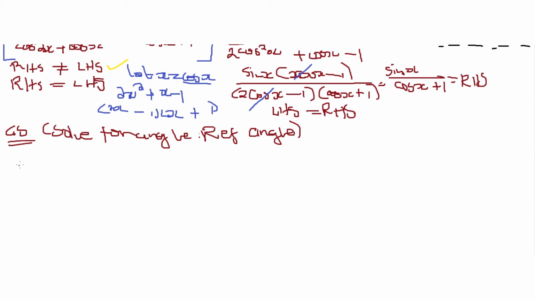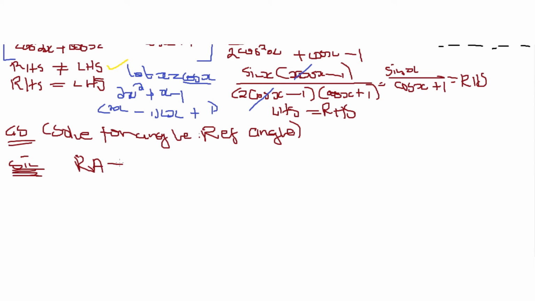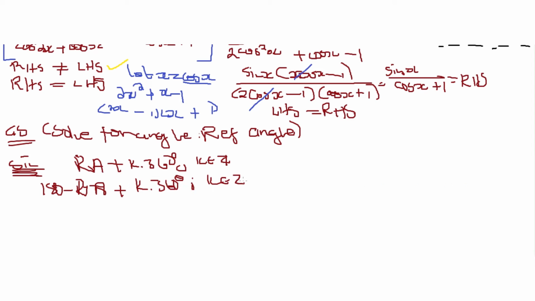Once you have the reference angle with the sine trig ratio, what will happen is that you take your reference angle and say plus k times 360 degrees, where k is an element of the integers. And then again take 180 minus the reference angle, plus k times 360 degrees, where k is an element of the integers.